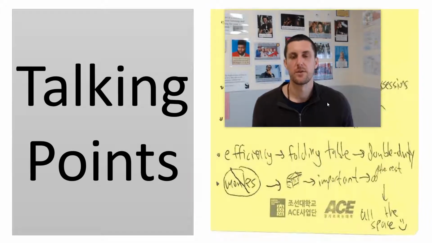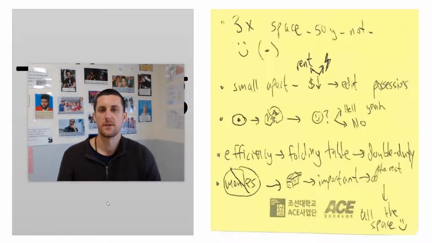As I mentioned before, while you have the option to prepare yourself a script when you are preparing for your speech, it is not required. It is not mandatory. One of my recommendations, rather than creating a script to follow, is to prepare talking points. Here is an example of some talking points that I made in the past for my own TED summary speech. As you can see, I use mostly keywords and even pictures.